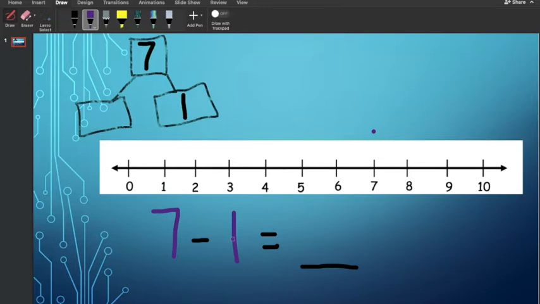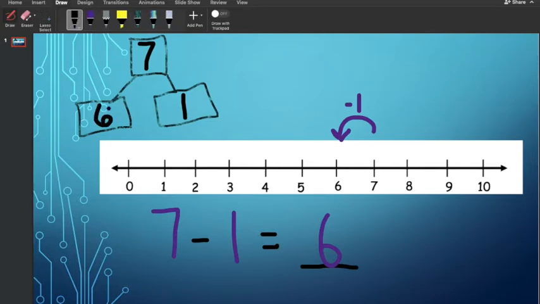I'm taking 1 away, so I'm going to count backwards. Here we go. 1. Simple. I have taken away 1 from 7. And my answer is 6. So then in my number line, I would write in 6.